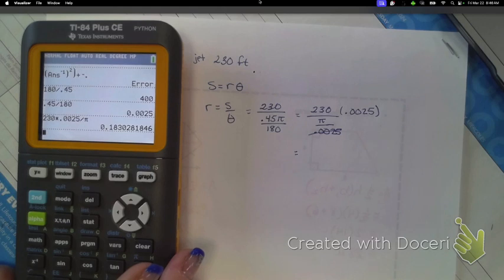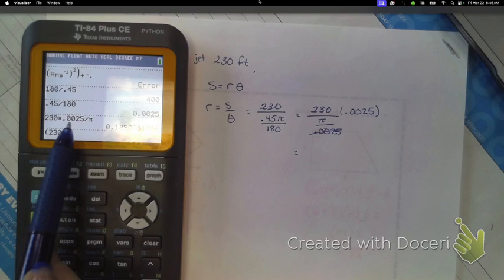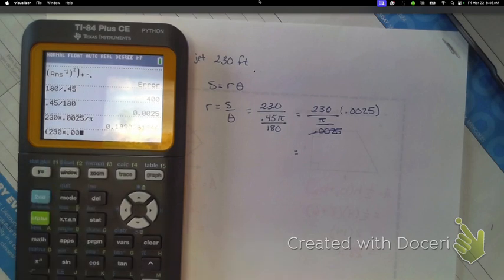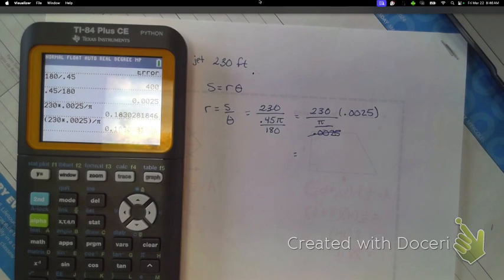Correct. Okay. So do I need parentheses? I don't think I should need them because it should just go straight across, right? What's going wrong? Well, isn't it 0.45 pi?